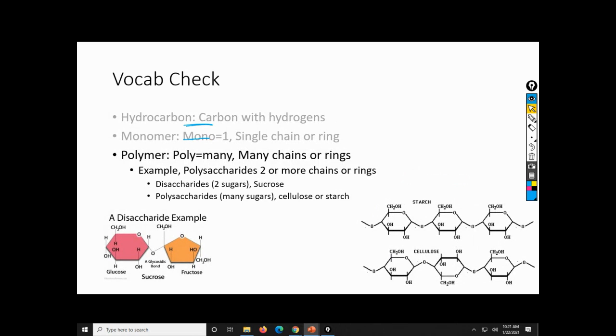Okay, let's compare that to polymer. Okay, so in this case, polymer, we have poly. So instead of mono, meaning one, we have poly, which means many. Counting in science gets real easy.